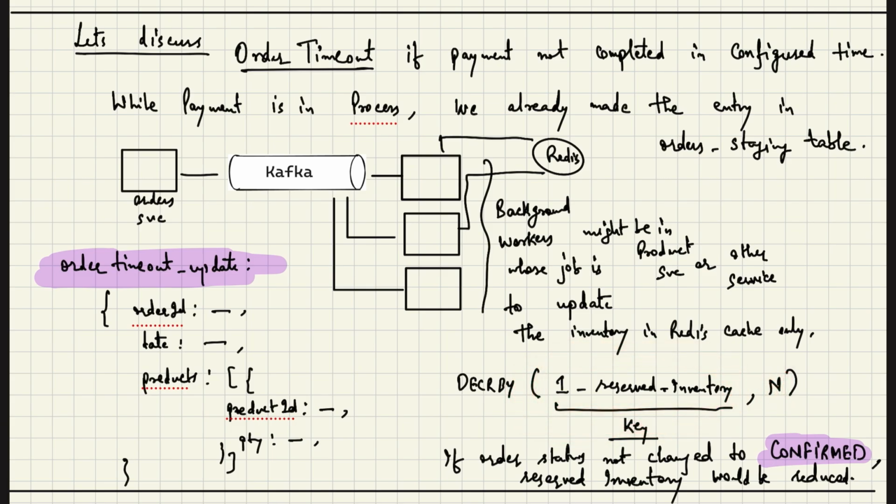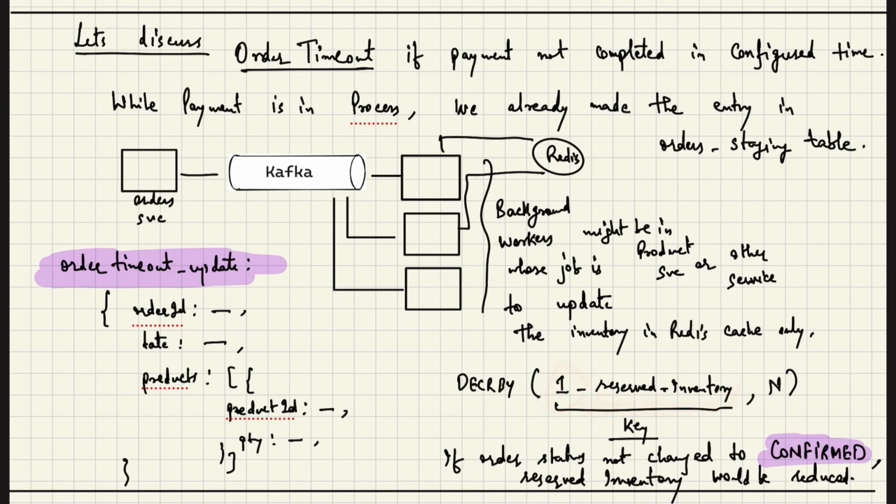For example, in this order, product ID 1 had a quantity of three. This is the key we already discussed in part 1.